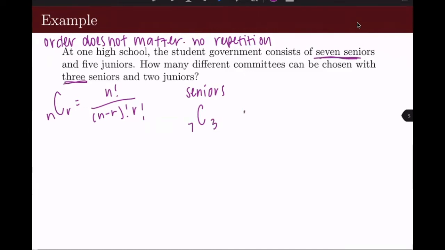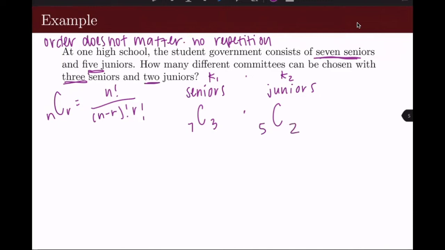We're going to multiply this by that counting principle we learned last time. You could think of this as K1 and K2. Of our juniors, there are 5 juniors and we are choosing 2 of them.